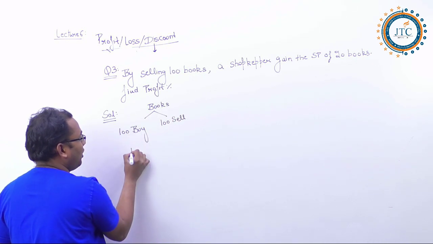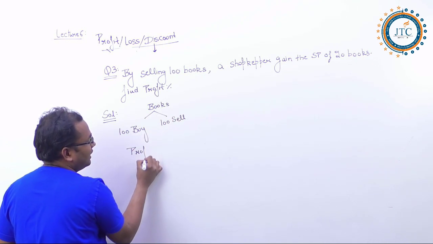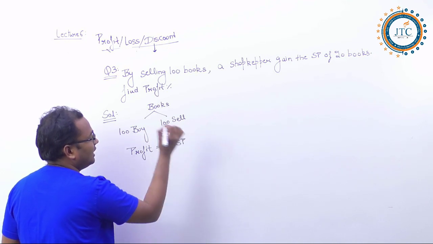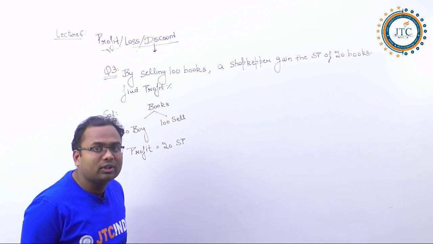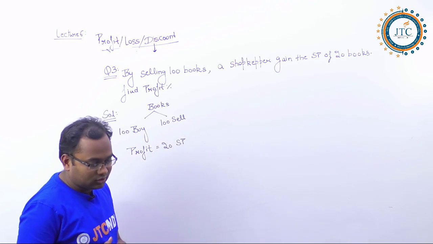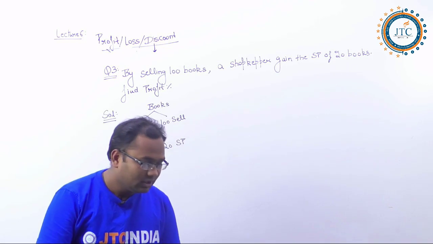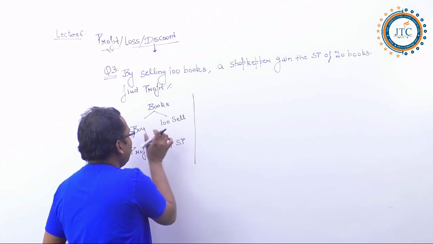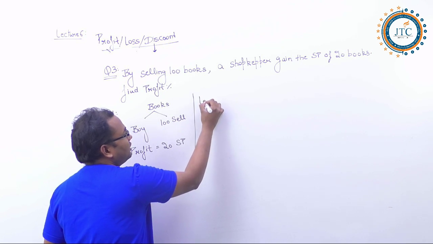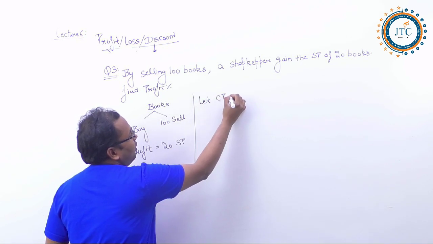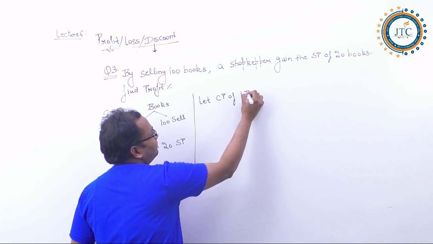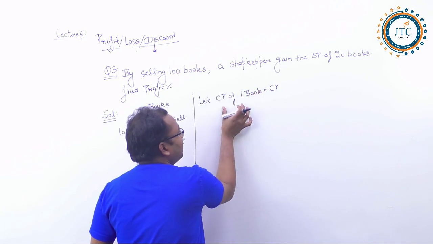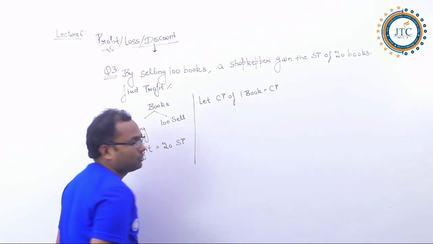So he buys 100 books and also sells 100 books. And what is the profit? Profit is equal to the selling price of 20 books. Let's proceed with the question. As we have 100 books, let the cost price of one book be CP.